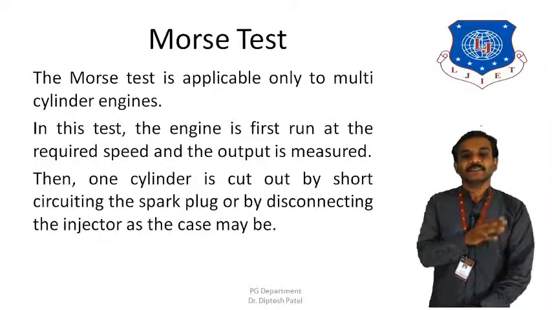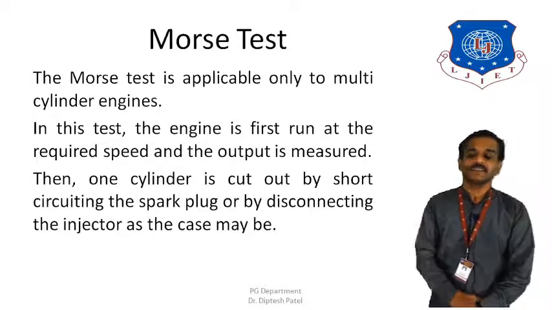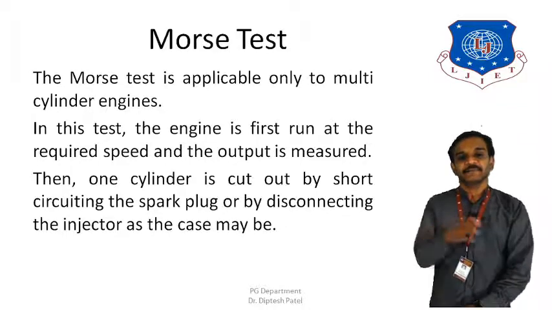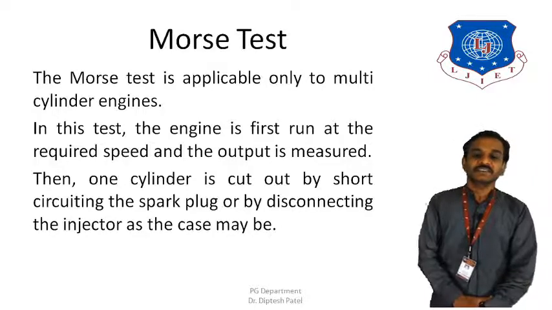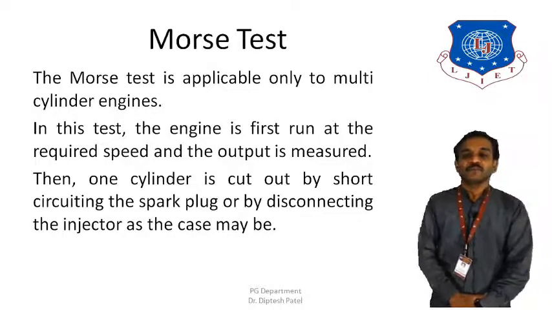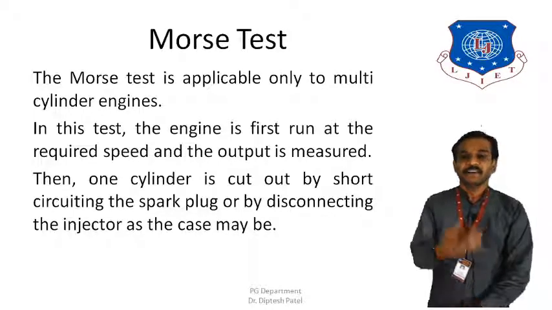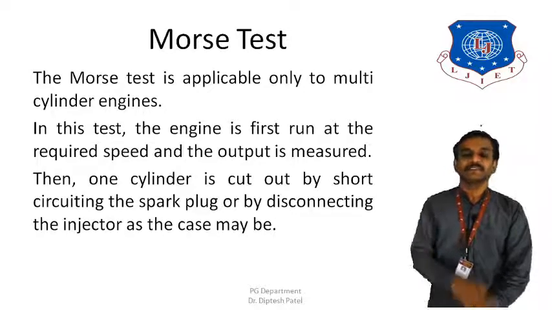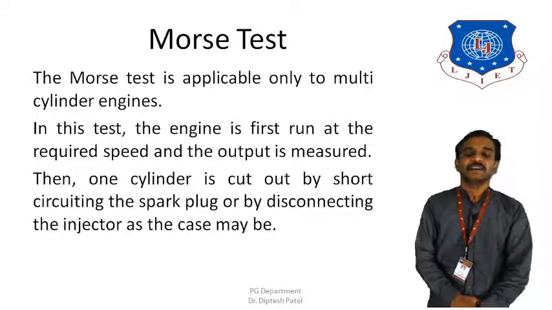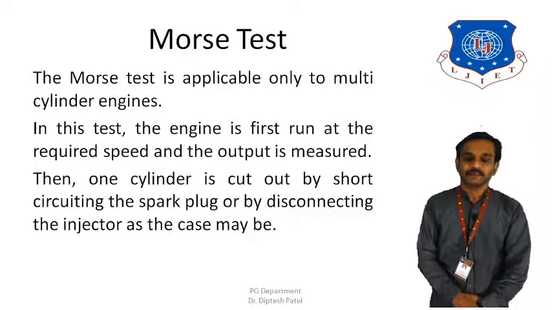This test is repeated for each and every cylinder, and this is how you can measure the indicated power of each cylinder. So the Morse test is one of the reliable ways to find various parameters such as indicated power, friction power, or even brake power, if these are known. This is one of the accurate and important methods to find the parameters.